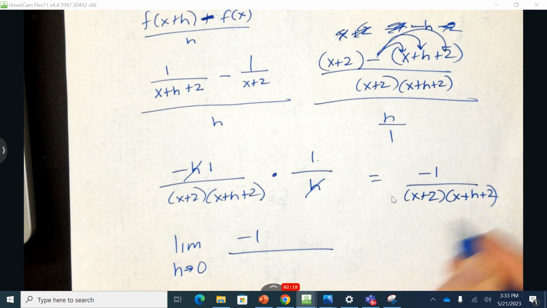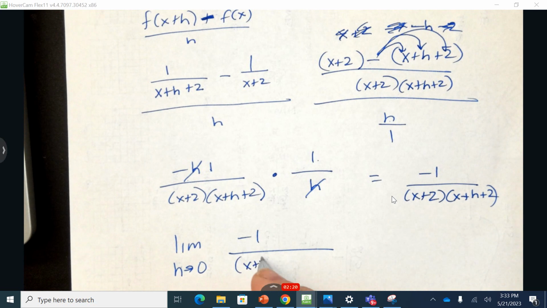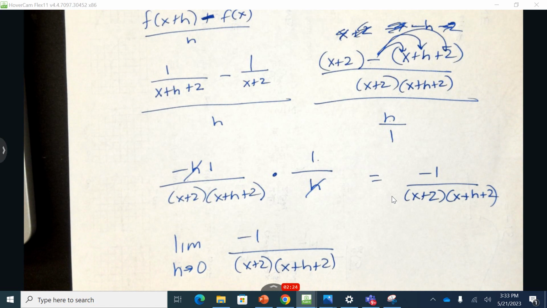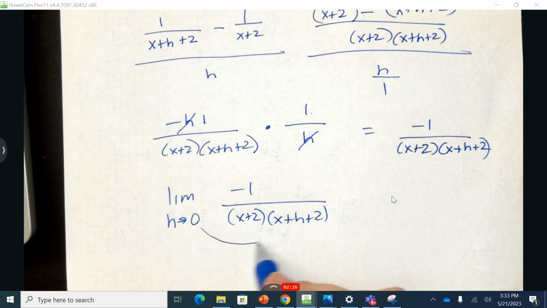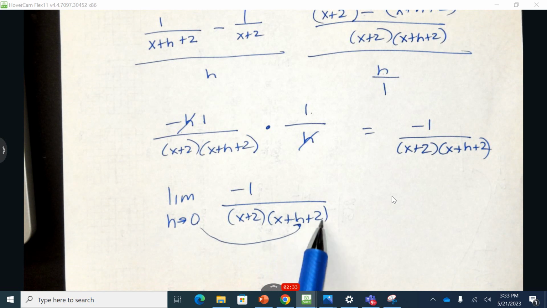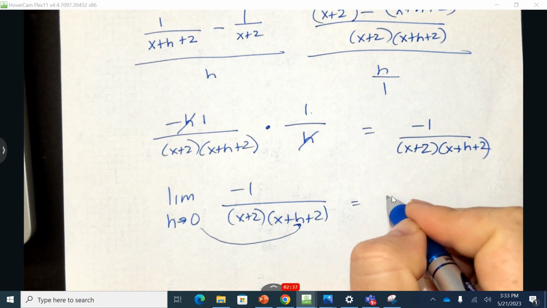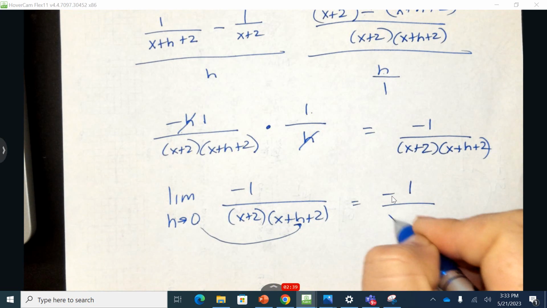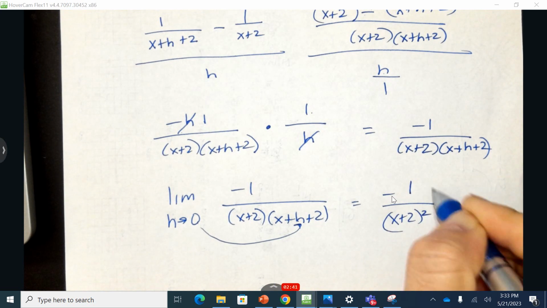So I'm going to take this newly rewritten function and substitute 0 in for h. Well, when 0 goes in for h, I have x plus 2 times x plus 2, because 0, when added to anything, doesn't change anything. So this becomes negative 1 over x plus 2 quantity squared.